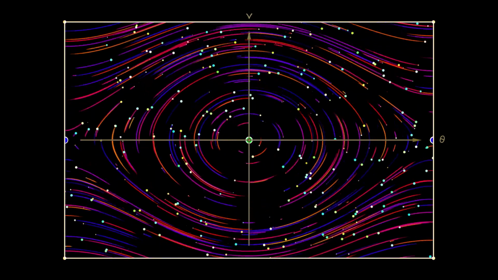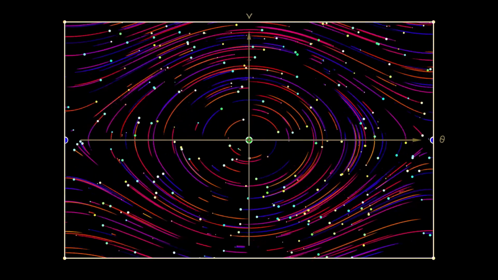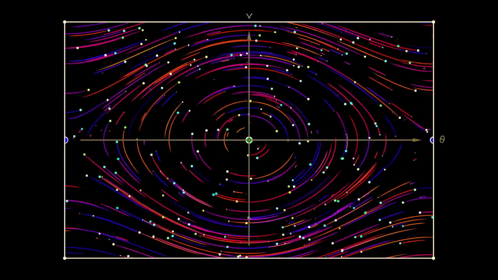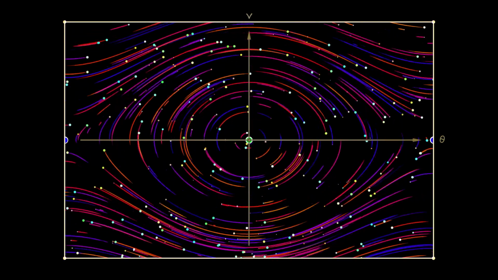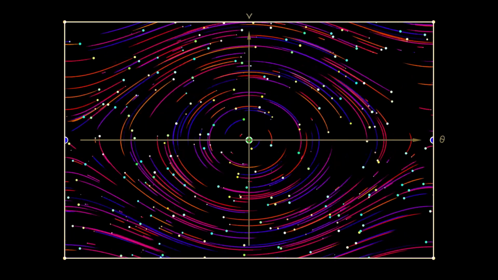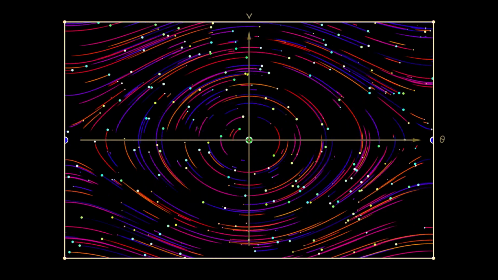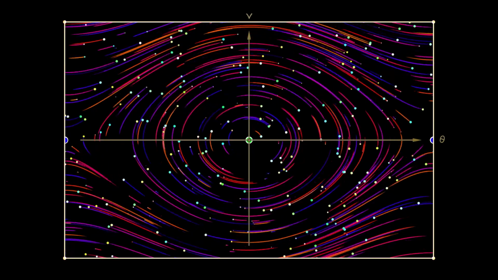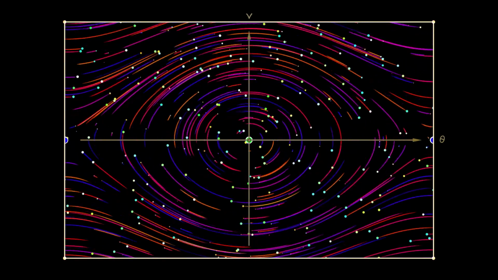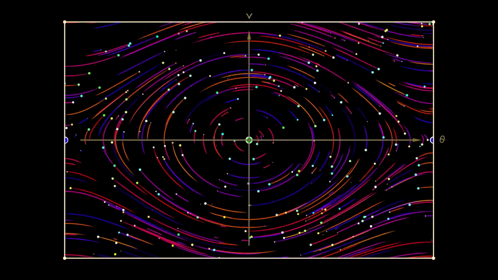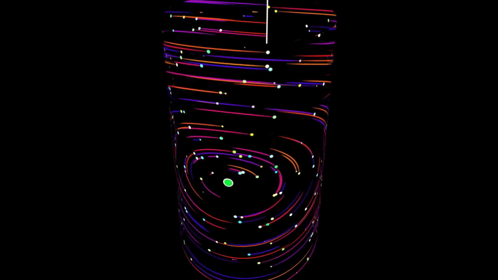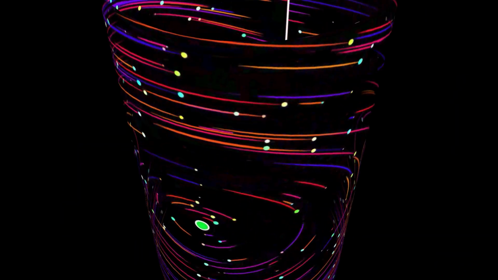What's a little bit harder to parse is the saddle point at plus or minus pi, comma 0. Because of the way this is drawn, that point is split up in two, sort of half on the left side, half on the right side. But because theta is a circular variable, you need to think about those two as being on the same point. Maybe wrap this entire screen up into a cylinder.